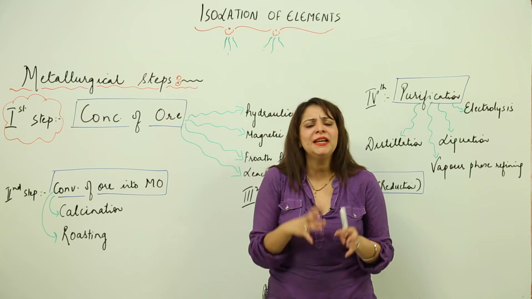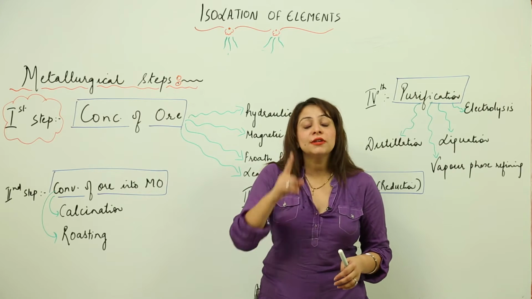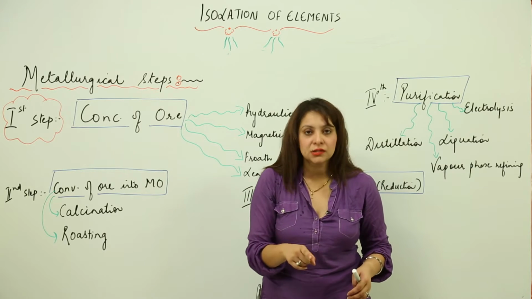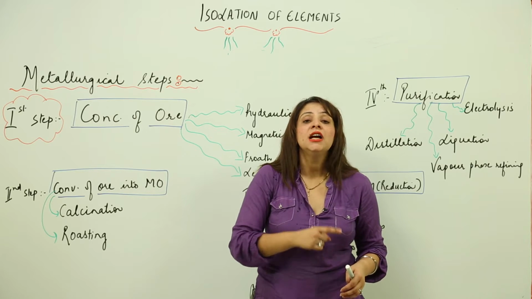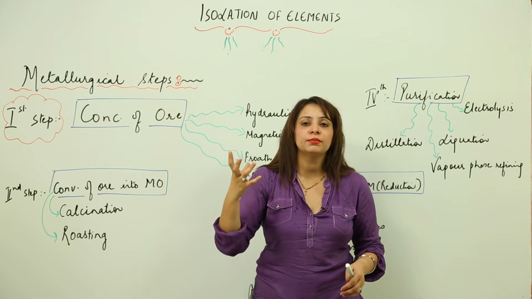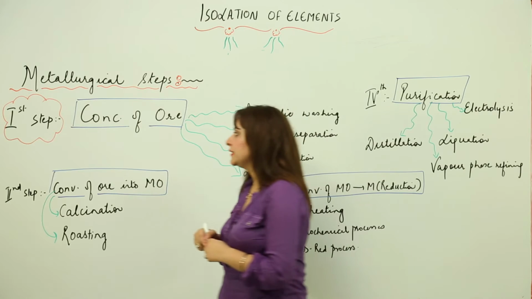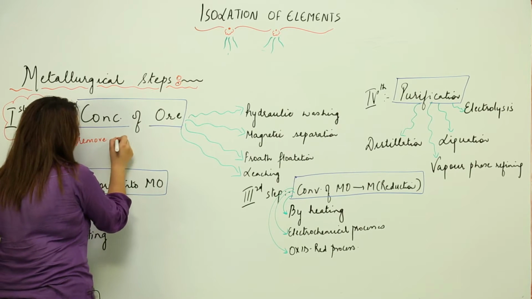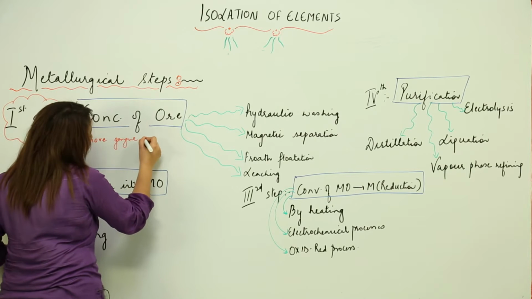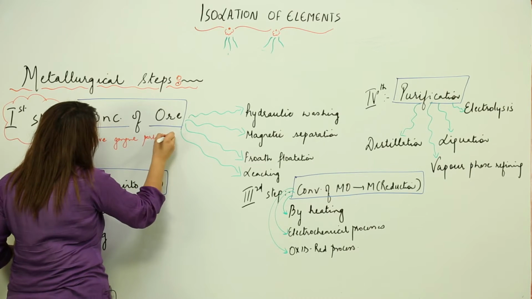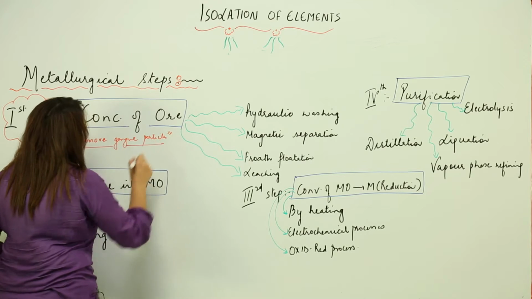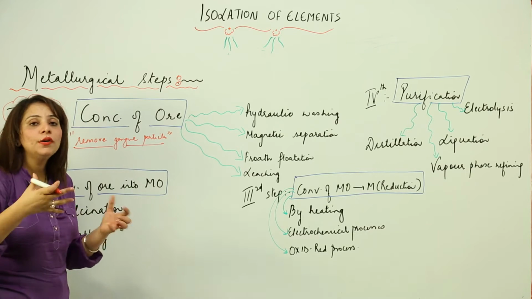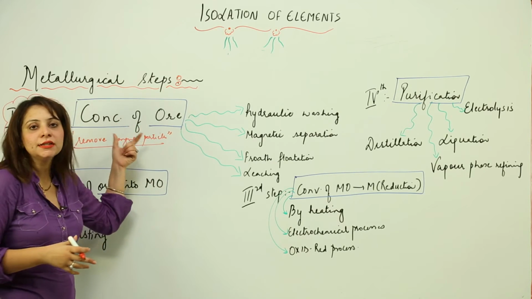There are many more things which stick to the ore. So the first step is to remove those things, because they will definitely interfere in the processing part. So concentration of ore means to remove undesirable substances, the gangue particles. After removal, the ore which we get is the concentrated ore.